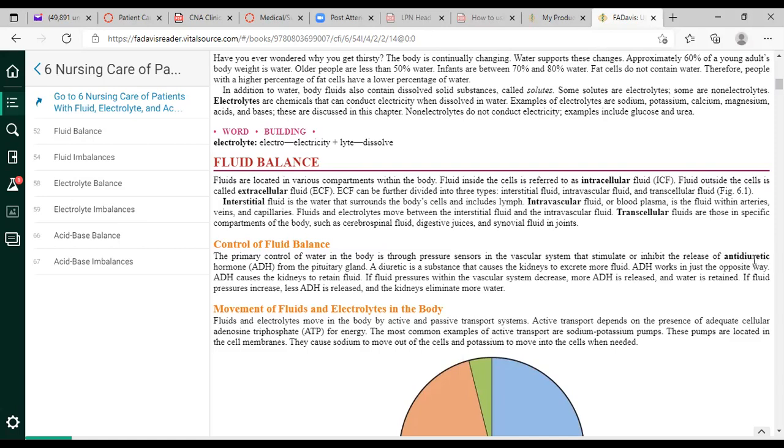So it's against diuresis, which is ridding the body of fluids. So an antidiuretic will contribute to fluid retention, where your body is actually retaining fluids. Our body does secrete antidiuretic hormones, and those hormones will cause us to retain fluid.